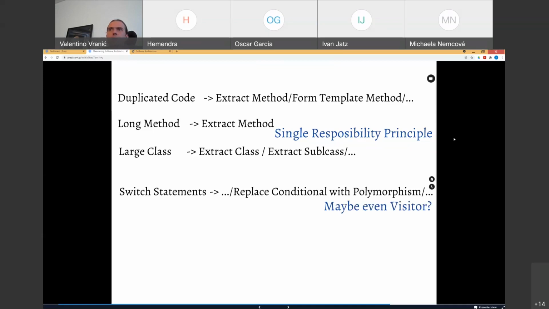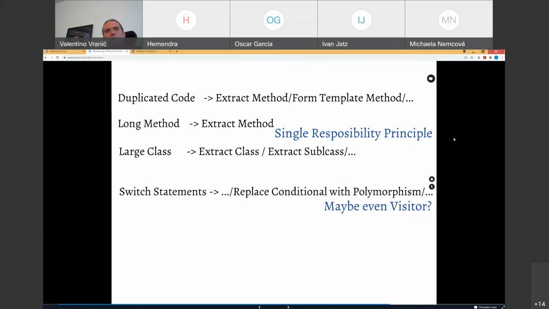When you think of visitor that we talked about, visitor is a kind of a quite sophisticated way of dealing with switch statements.